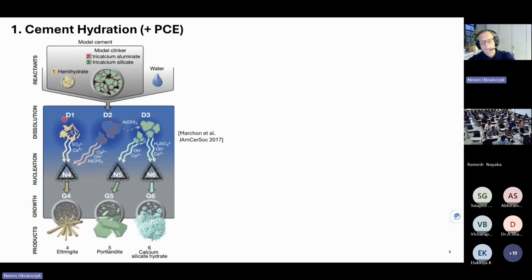So basically it's dissolution, nucleation, and then crystal growth. Or we have here precipitation of amorphous gels that then increase the solid volume, and that's why we have the hardening process of the cementitious materials, of the cement paste.